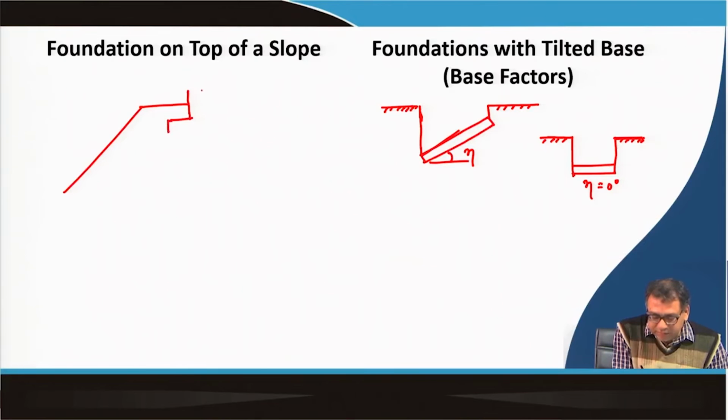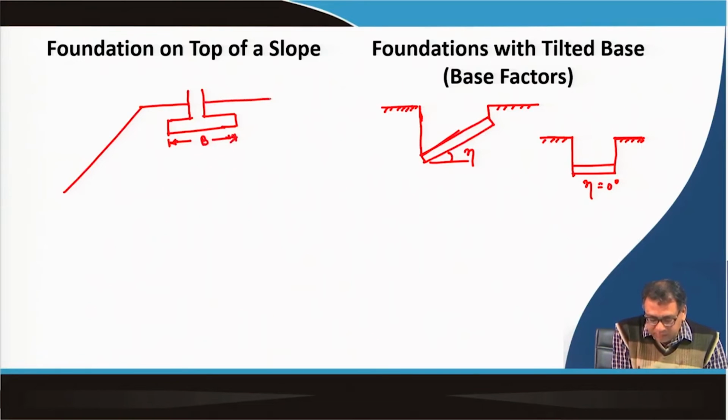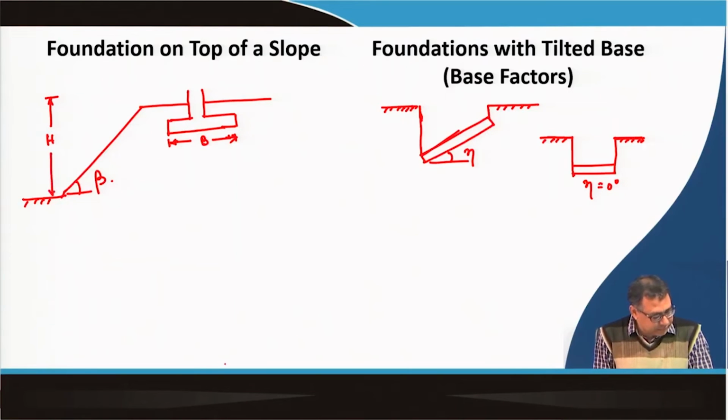It may be on the surface of the slope, or it may be at a distance, with a depth. So, this is your B. Okay. So, this is the slope with an angle of beta and this is the height of the slope. Clear?